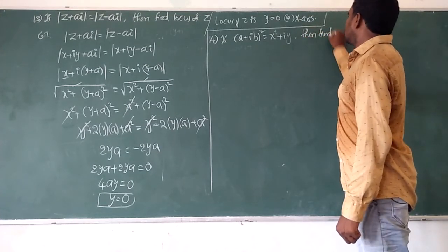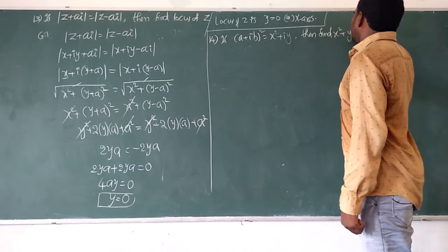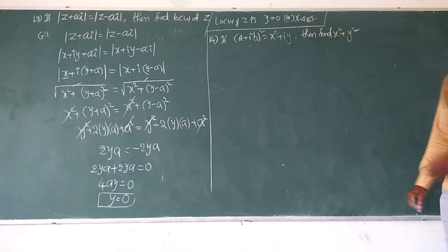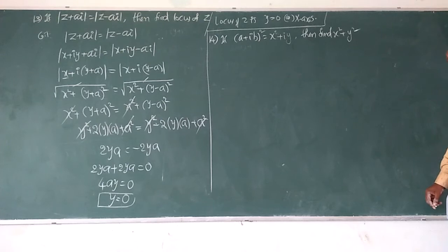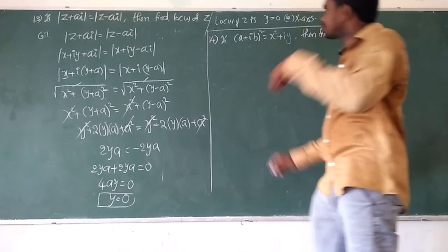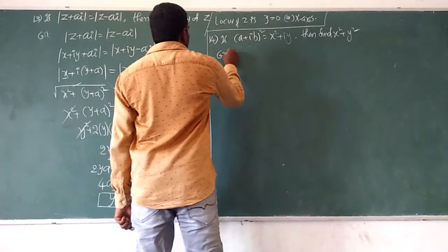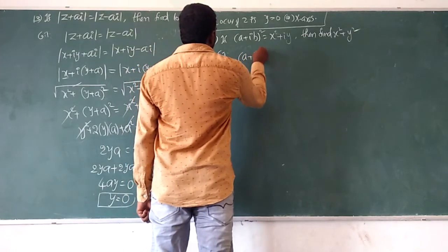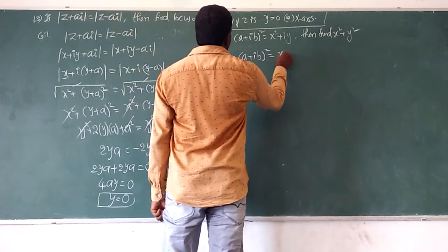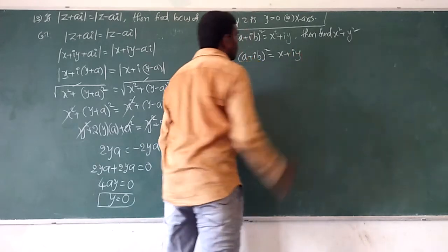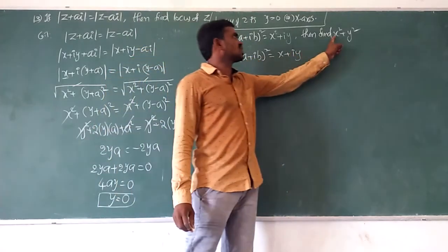Okay? This also is a question. So given that a plus ib whole square equal x plus iy, we want to find x square plus y square.